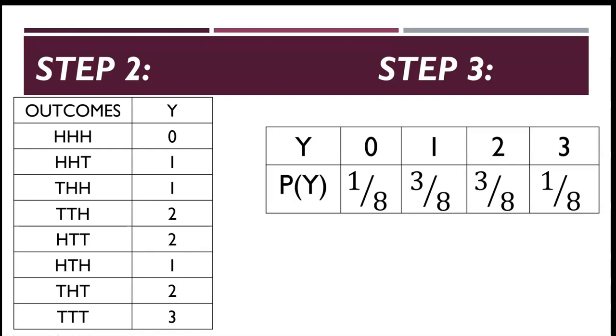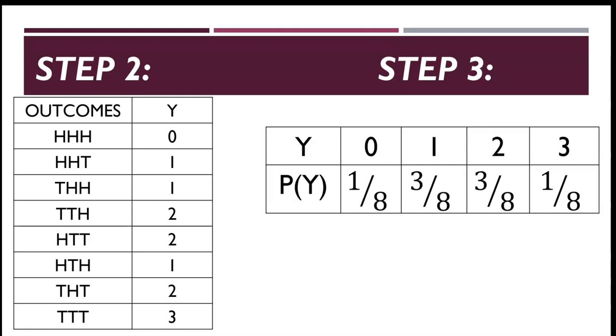And then we count the probability of appearing the values of y in the experiment. So for 0, 0 appeared once in the values of y. So our probability of having 0 out of the 8 outcomes is 1 out of 8, or 1/8.